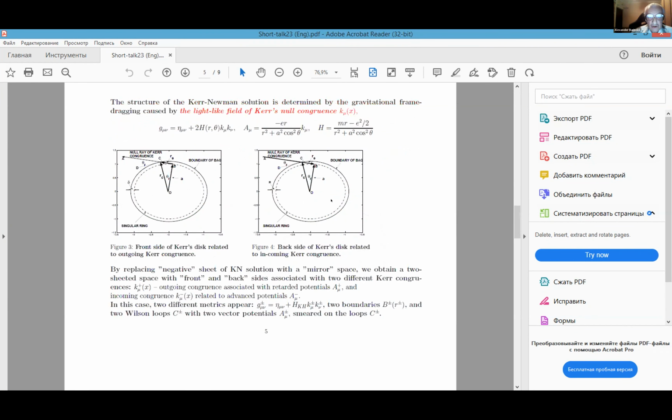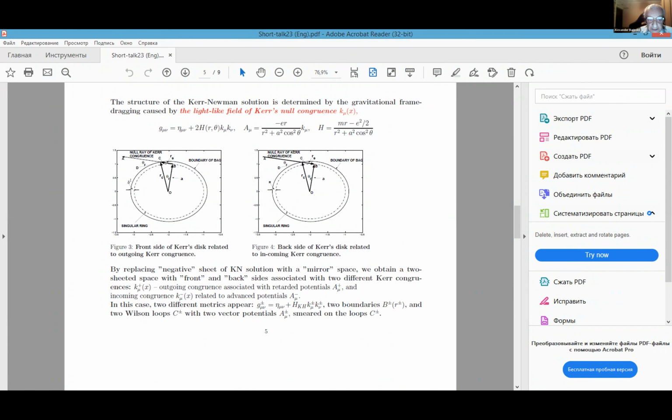So these two sheets are shown here, the metric is, as I discussed, here, and replacing the negative sheet with a mirror space, we obtain a two-sheeted space with front and back sides associated with two different Kerr congruences. In this case, two different metrics appear and two boundaries forming Wilson loops, two Wilson loops with two vector potentials which are smeared along the Wilson loops.